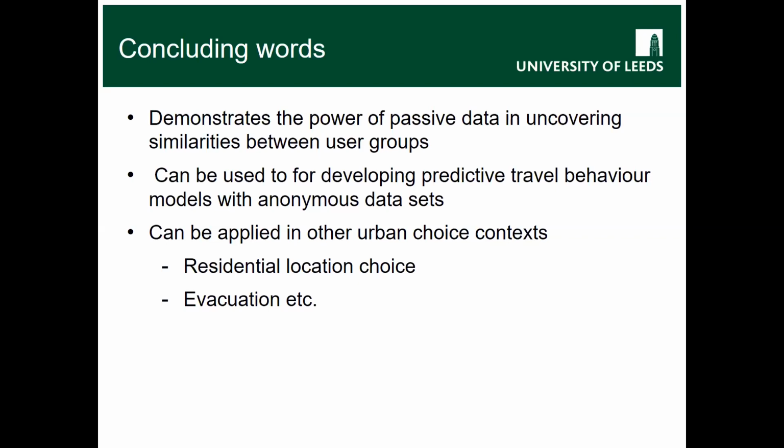So he developed the initial models based on the survey data, but then he did some aggregate level readjustment in the model parameters so that it better matches the trip rates from the mobile phone data.